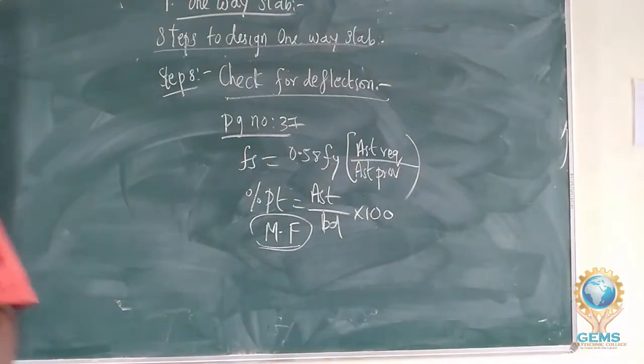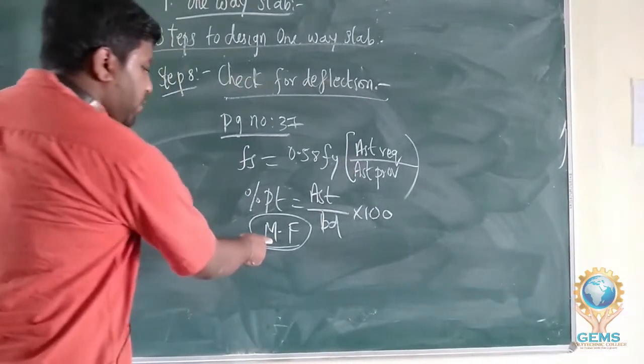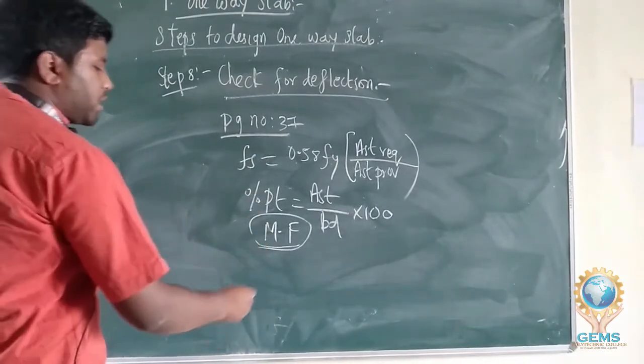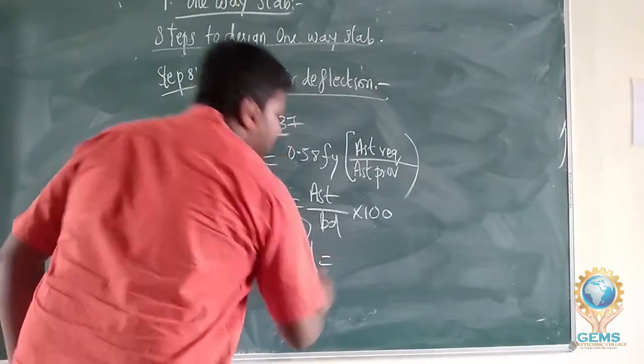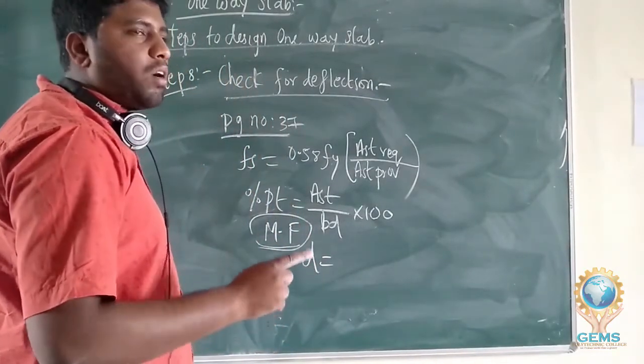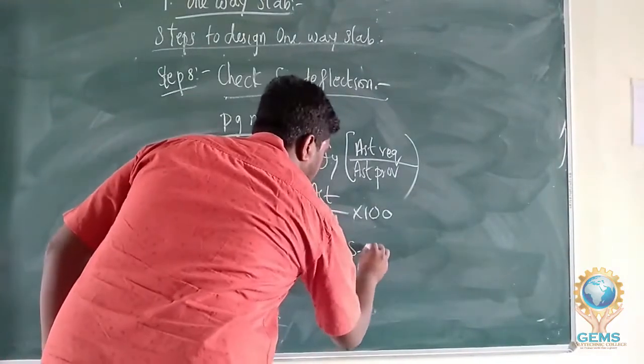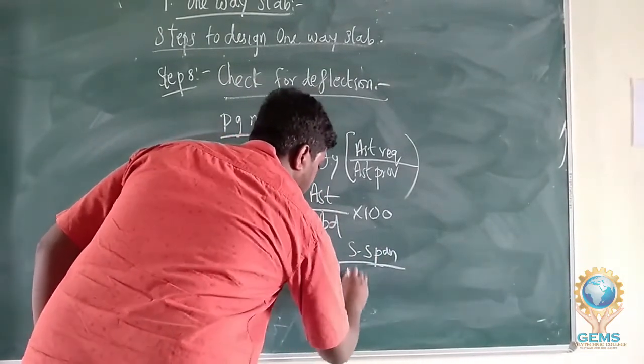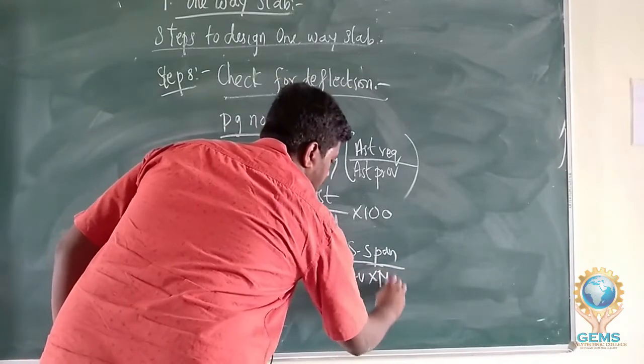After that, you will find the depth again. After using these two, you will get a modification factor value, and using that value you will substitute. You find the effective depth. What is the effective depth formula? As in step number 1, shorter span divided by basic value into modification factor.